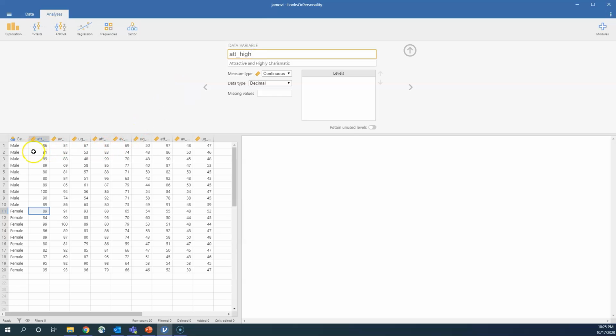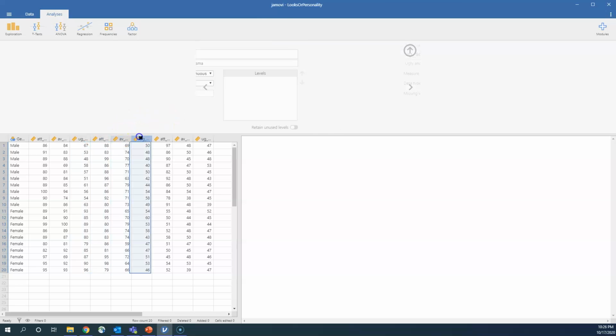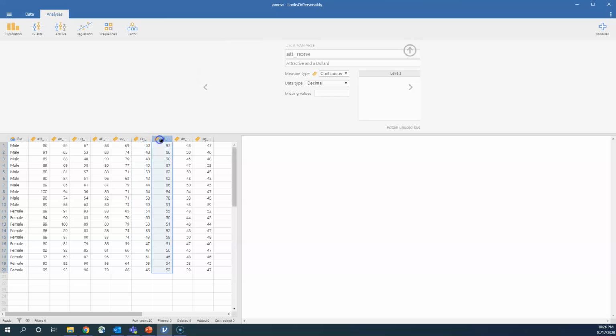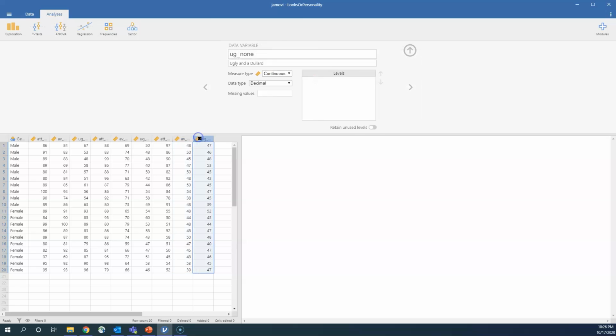If you just glance across these numbers, you can see that they're relatively high, as you might expect, that somebody who was both attractive and charismatic would have very high ratings. You next have somebody who is average looks and high charisma, and then finally you've got somebody who is ugly with high charisma. Then you've got attractive some, average some, ugly some, and finally you've got attractive, no charisma, average, no charisma, ugly, no charisma.